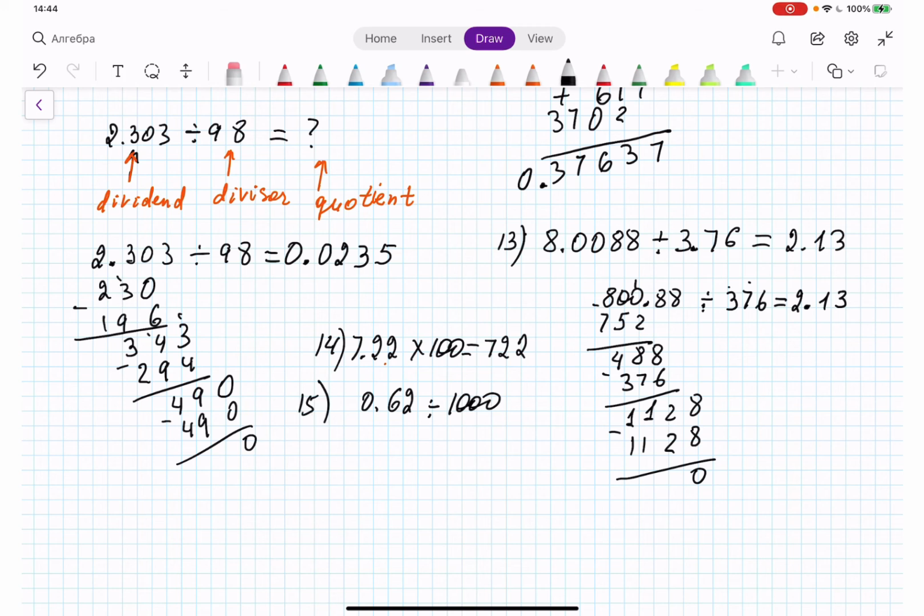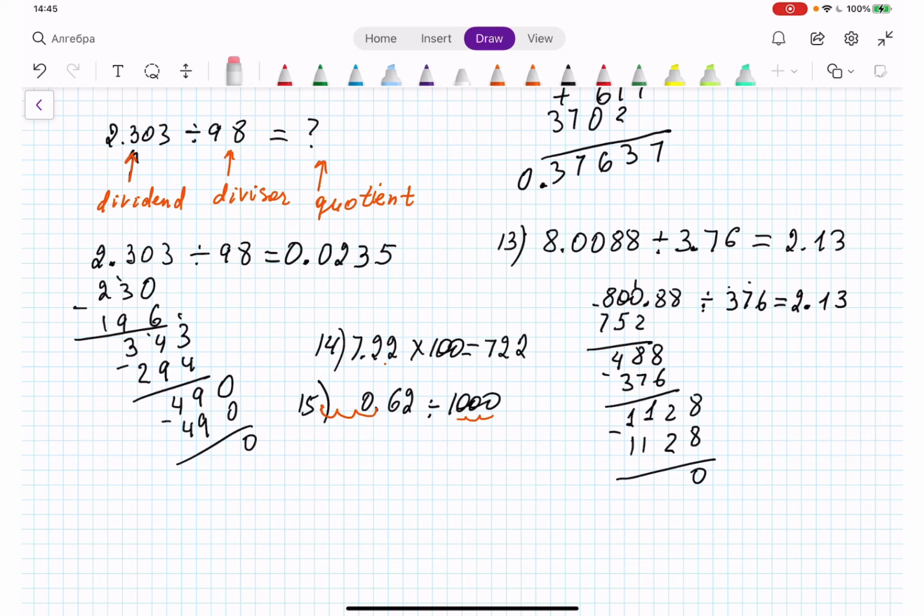When we multiply by 10, 100, and 1,000, so 1 with zeros, we shift to the right. But when we divide, we shift to the left. So what do we have? 1,000, 3 zeros, right? That means I'm going to shift the decimal point to the left by 3 positions because I have 3 zeros. 1, 2, 3.